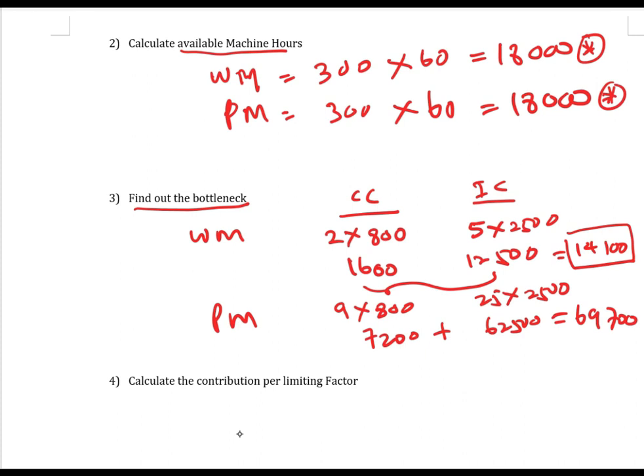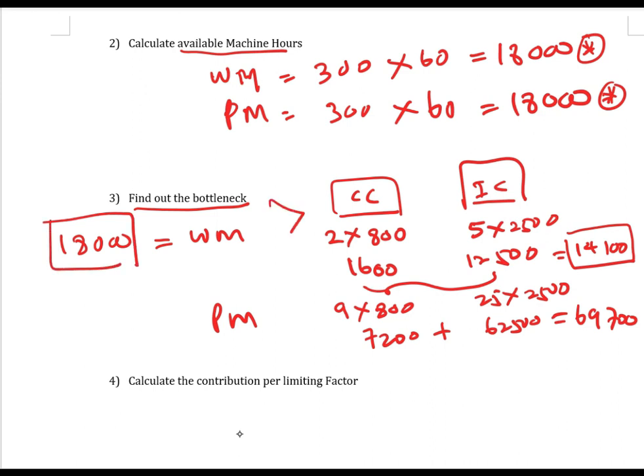This is sufficient to meet the production requirement of CC and IC, because the welding machine has 18,000 minutes, which is greater than 14,100. So there is no limiting factor, no bottleneck as far as the welding machine is concerned.